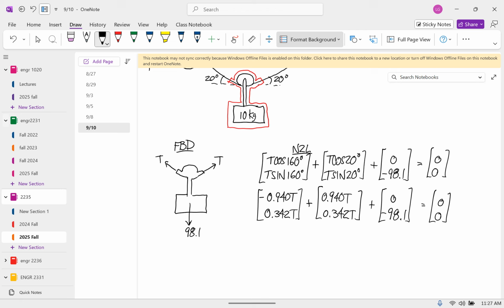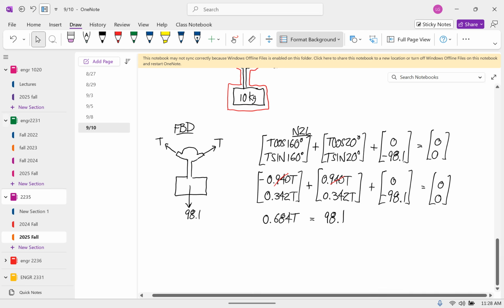The x equation, these two things cancel, so the x equation doesn't give you anything. The y equation says 0.684 T is equal to 98.1. Can someone divide that for me? What do you get for T there?